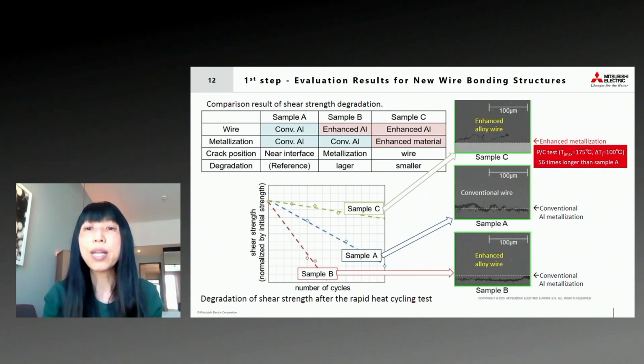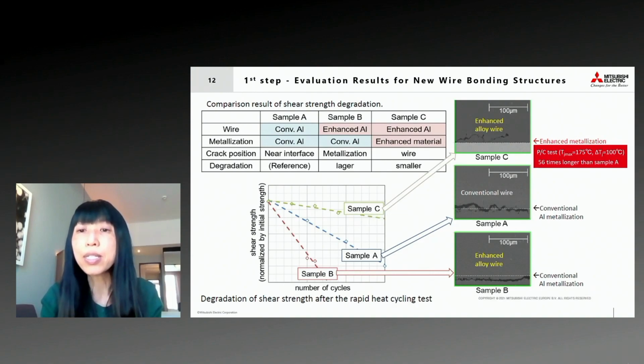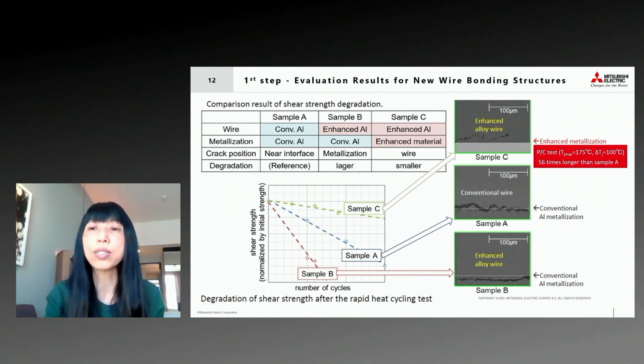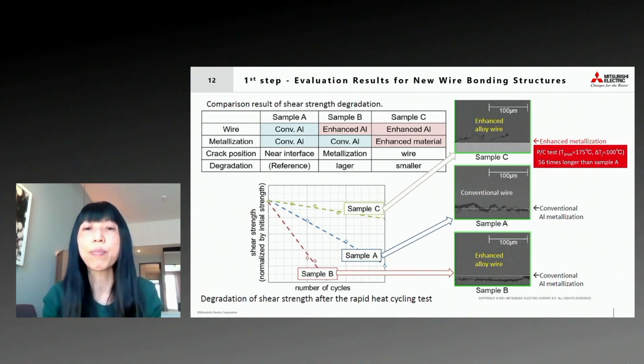Because of the high Young's modulus of the wire, large thermal stress was generated at the interface, and it's assumed that it broke in the softer aluminum metallization layer.